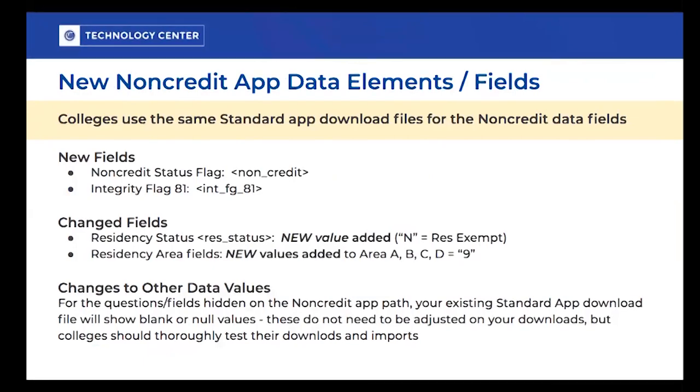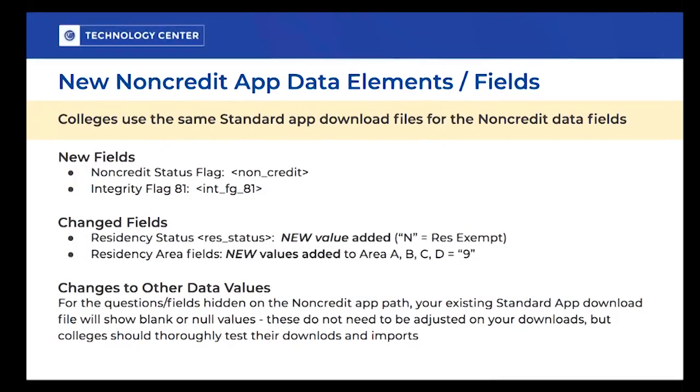So they came into the application process through the non-credit URL, they submitted their app, it doesn't have residency determination, but this field can be added to your downloads. If they do come in through that URL, that field will be set to true. Otherwise, it'll default to false. So it's just to help you identify non-credit applications.